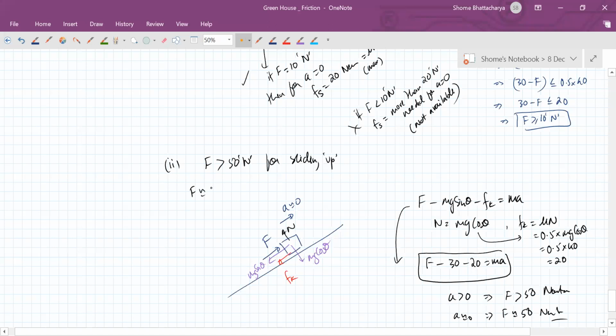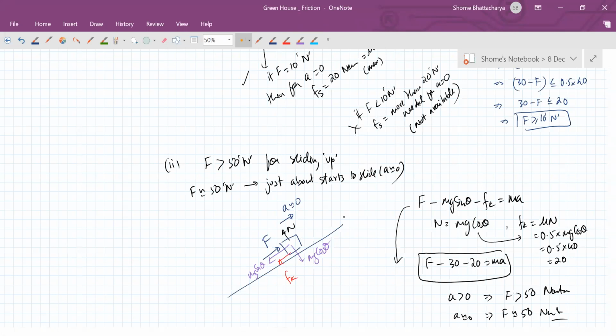Okay, so a force tending to 50 newtons, it just about starts to slide, at an acceleration tending to 0. So hope this is clear, the difference between the two cases.